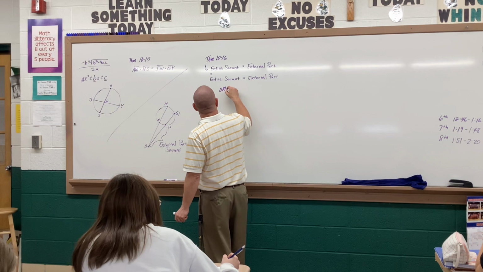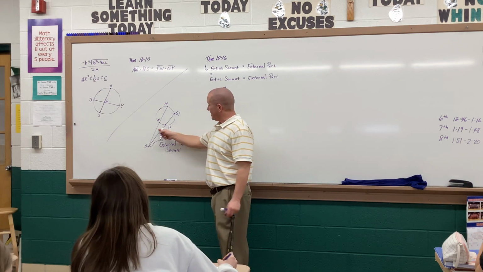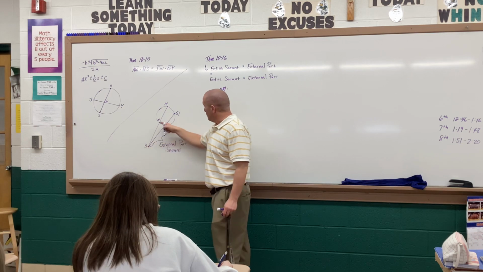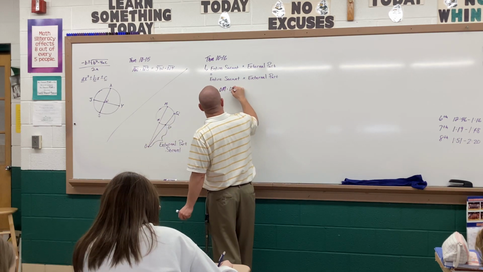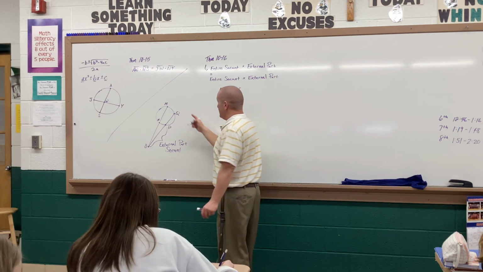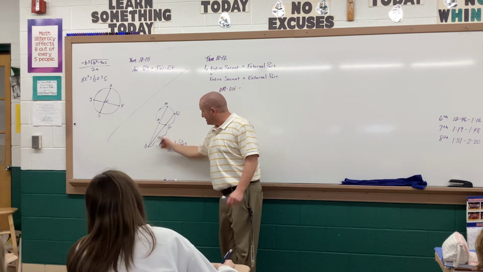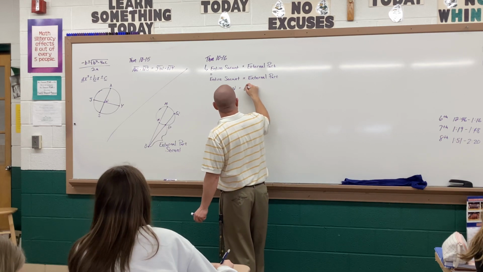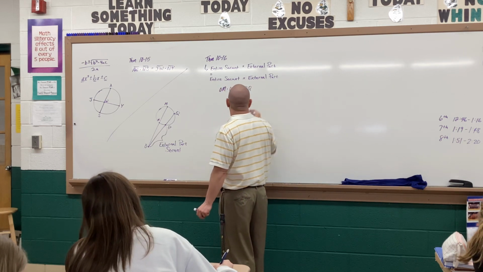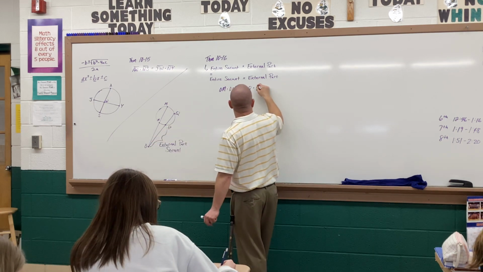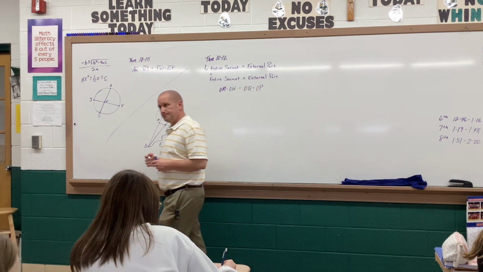And I'm going to multiply that by just the outside part, but of the same one. So now we're going to multiply it by ON. And we're going to set that equal to, now we're going to do the other one. So the entire of the other one is OQ, and we're going to multiply that one by OB. Okay?